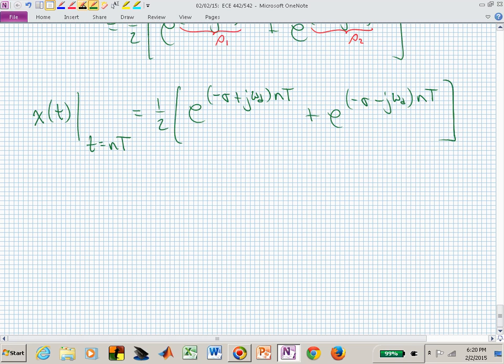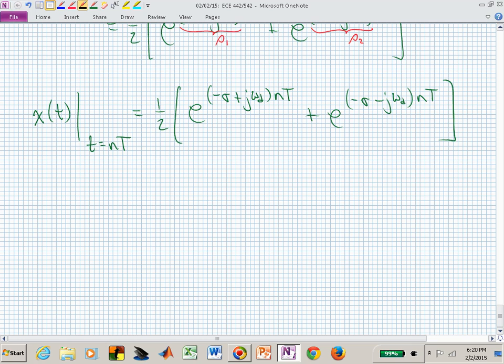Now, we pushed things together before, now let's pull them apart, because we can see that there's a common factor in those two terms of e to the minus sigma little n capital T. In both of those pieces, let's factor that out by separating that sum of exponents into two pieces.